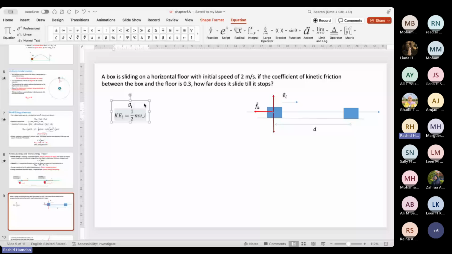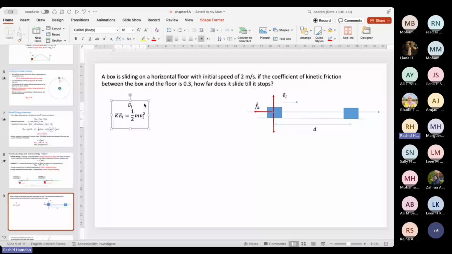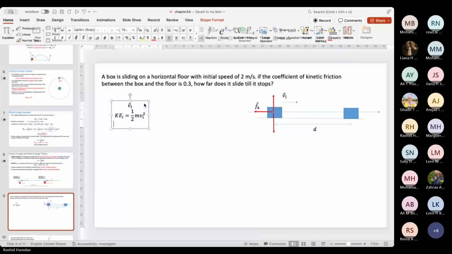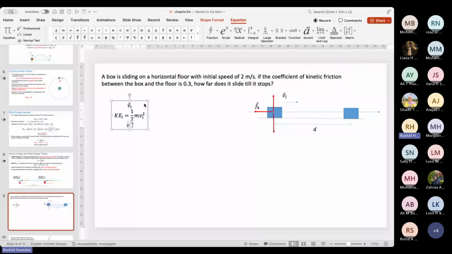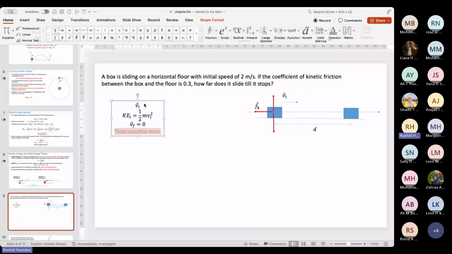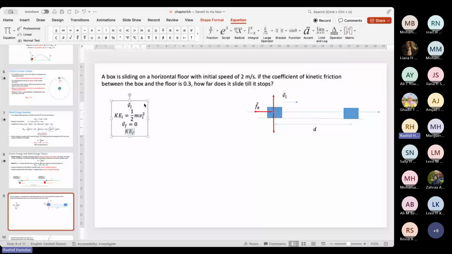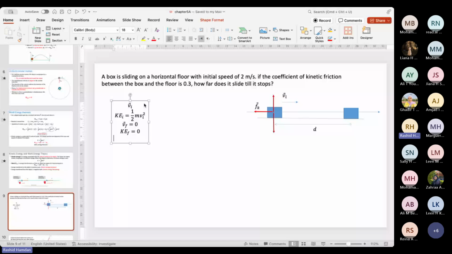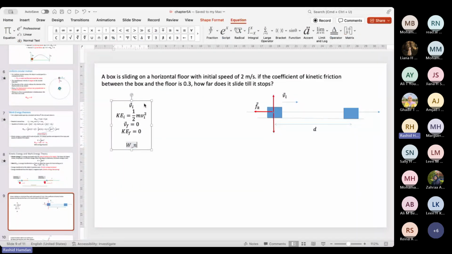Now we have to go to the final situation. At the final situation, v final, I want the object to stop. So v final is 0. So kinetic energy final is 0. Now I can apply the work energy theorem. W net, the net work done on the object, is equal to the change in kinetic energy.